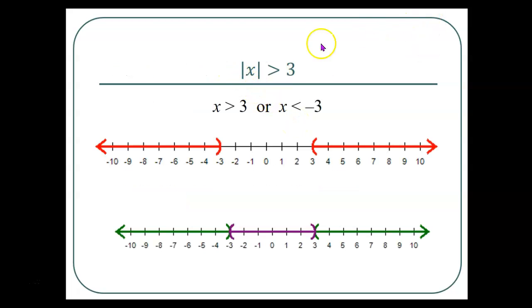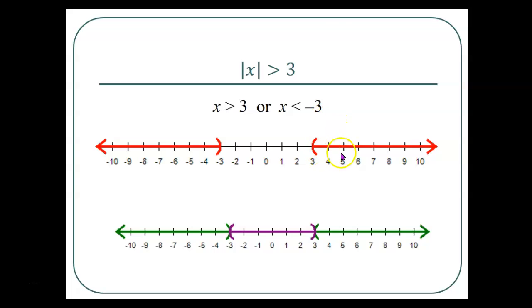Now let's look at the other kind of inequality where you have the absolute value of something greater than some number. If we want the absolute value of x to be greater than 3, that means x is either greater than +3 or less than -3.